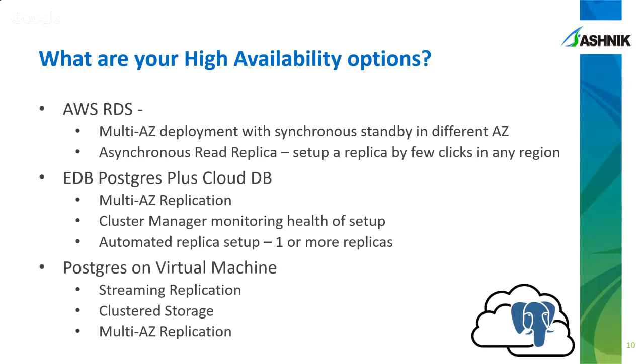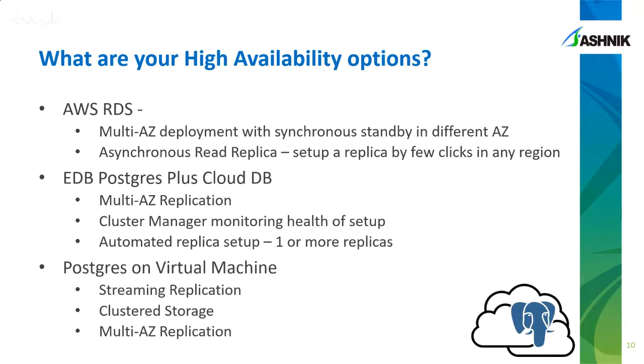You can also choose, like I mentioned, EDB Postgres Plus Cloud Database, and that also provides you options of multi-AZ replication. It allows you to choose multiple replicas when you're initially starting off the instance. You can scale up the number of replicas on demand. It also has an automated cluster manager which monitors the health of the setup.